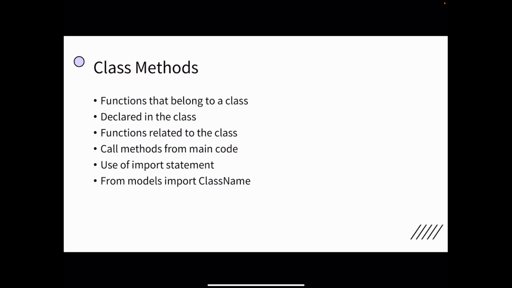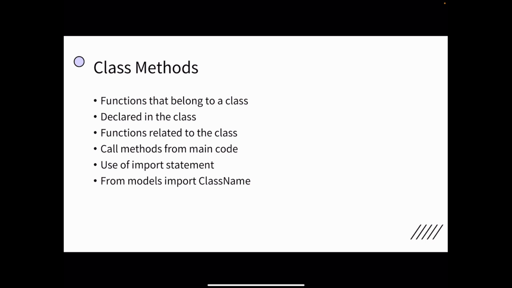You can call methods from the main code. You can use the import statement to import your classes, and that's where we're getting into creating different modules. It's very common to create a file called models.py where you keep all of your classes for your program. So you would have all of your classes defined in that .py file, and then from your core code, you would just import from models the name of the class, or you could import the whole module, and we'll be going over some examples of that.